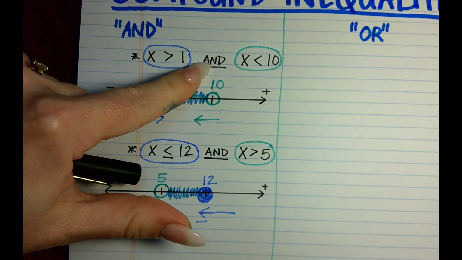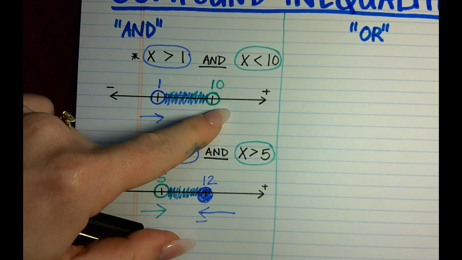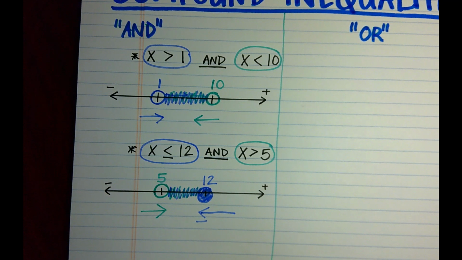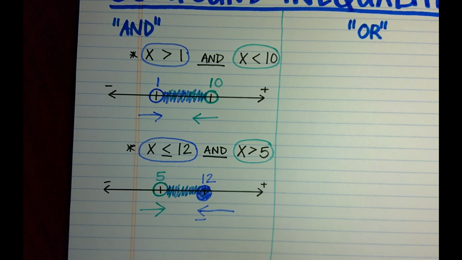If there is the word and, you will always shade in the middle. Always. If your graph is not shaded in the middle of the numbers, then you know you might have done something incorrectly.